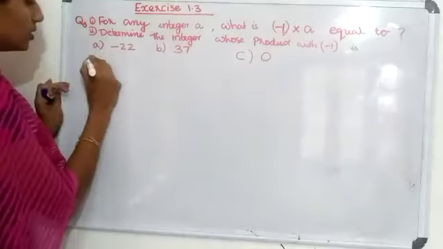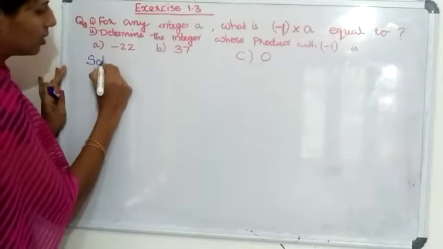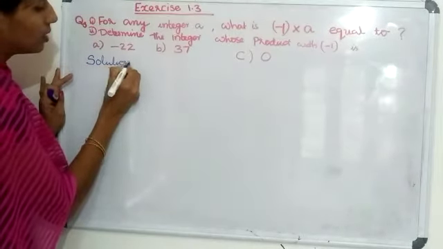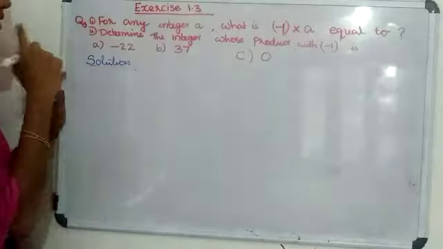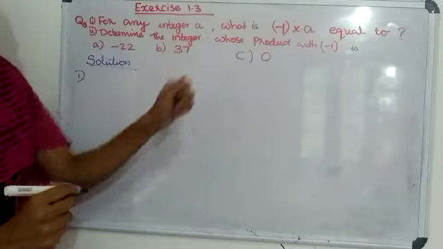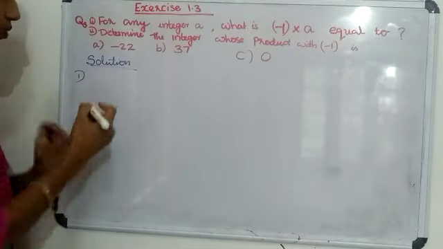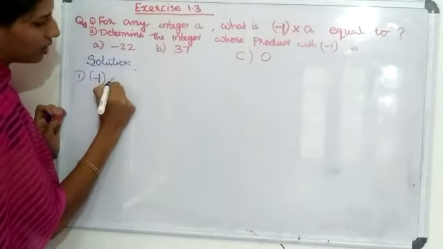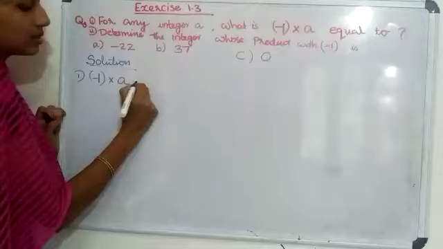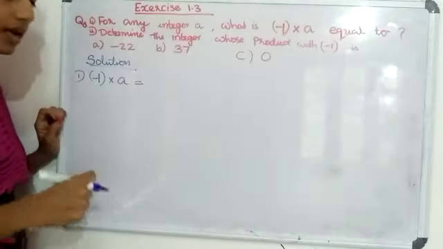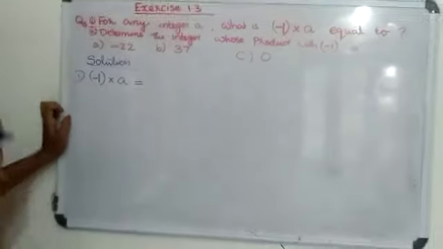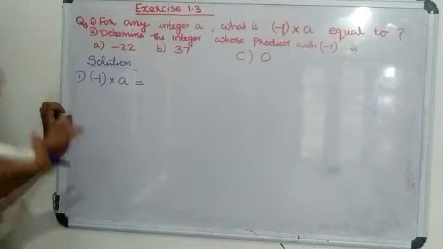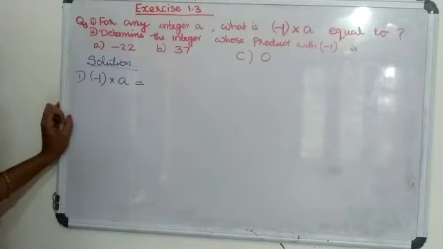So the solution. In the first problem, what is the question? For any integer a, what is minus 1 into a equal to? Any number multiplied with 1, we know we get the same number, right?